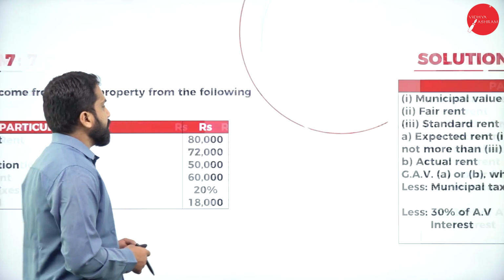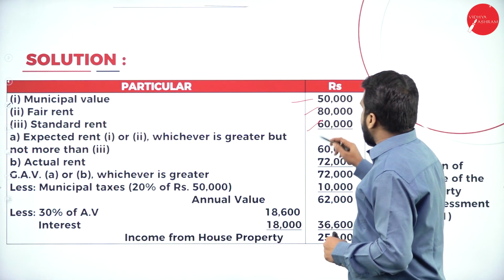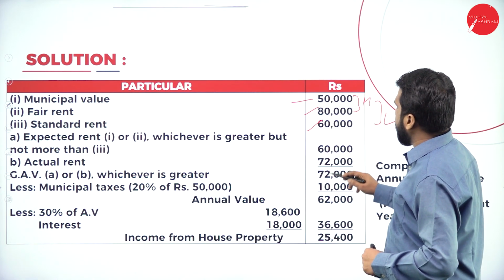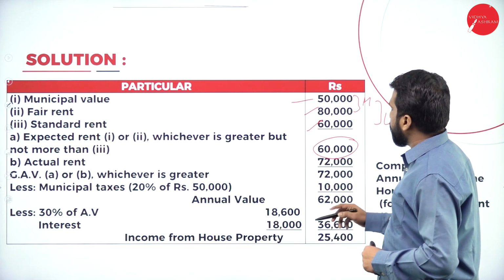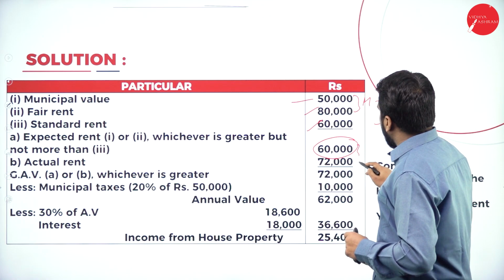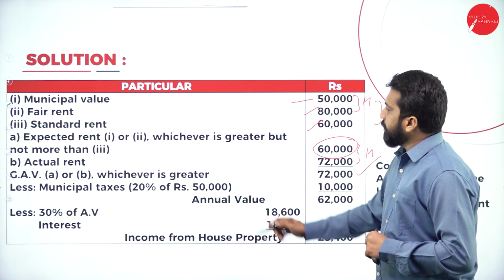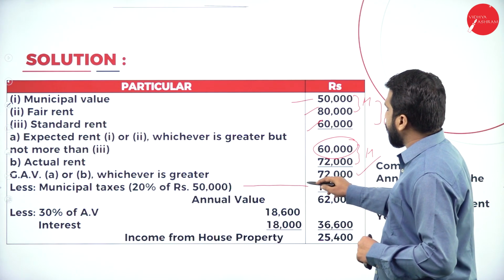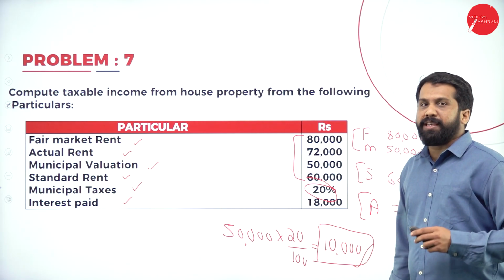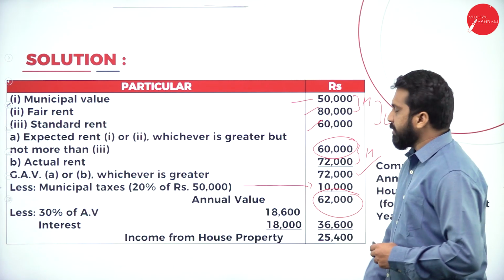Clear? Yes. Now municipal value and your fair rent, standard rent, whichever is high and whichever is less. So finally you got around 60,000. Out of 60,000 you have to compare with 72,000 actual rent. Whichever is high, so 72,000 is the high. Minus your municipal tax paid. Just now we calculated the 10,000 answer. So 72,000 minus 10,000, you got 62,000.